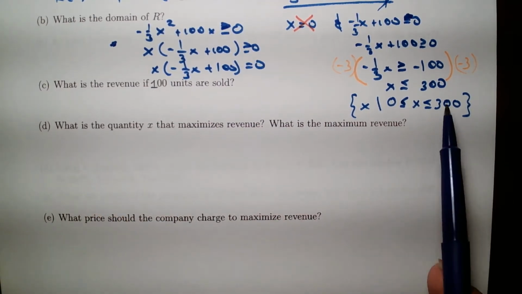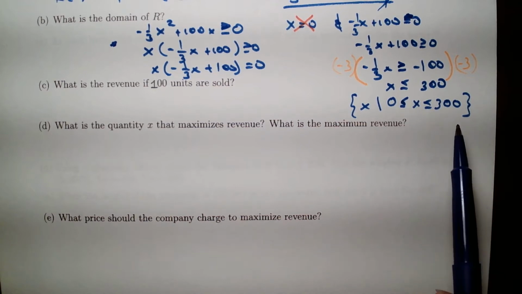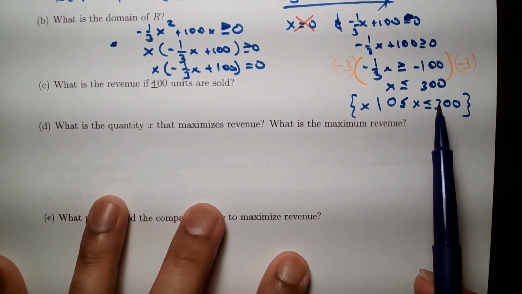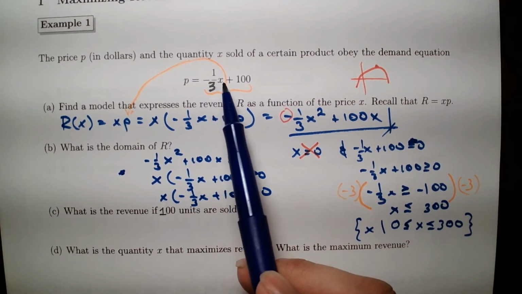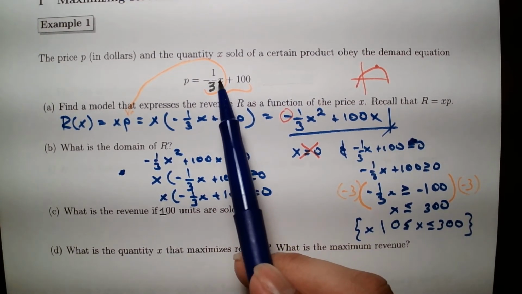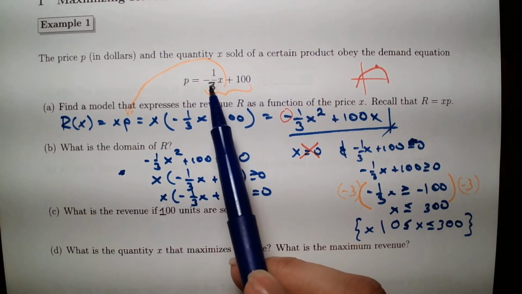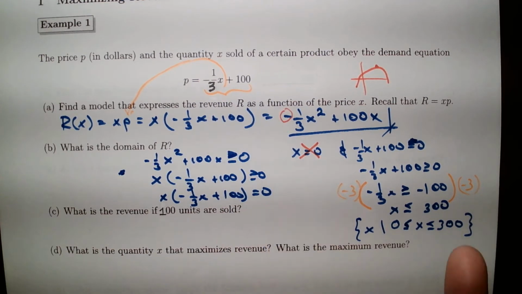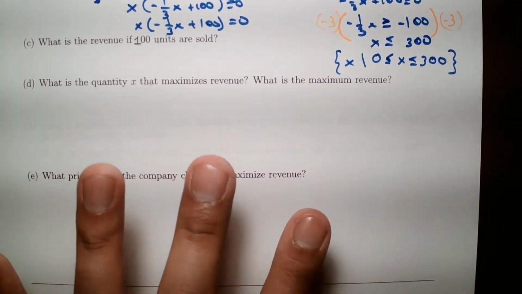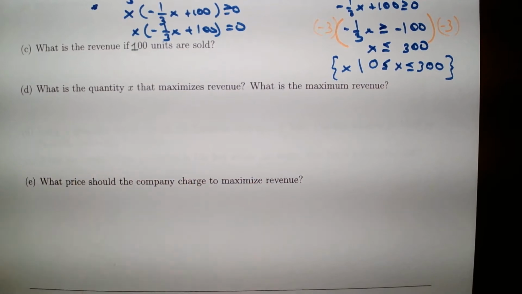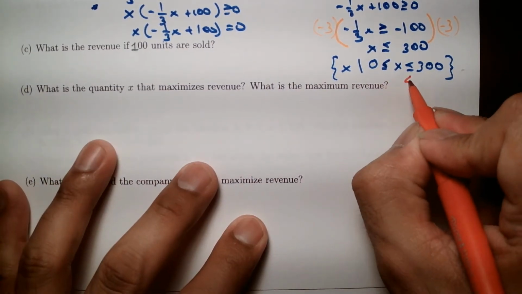For some reason, they don't consider this 300. The reason is that if we include the 300 and plug it back into the price function, 300 over 3 is 100, negative 100 plus 100 is 0. So the price would be 0, and well, that's no revenue there. So that's why this one is also just less than.